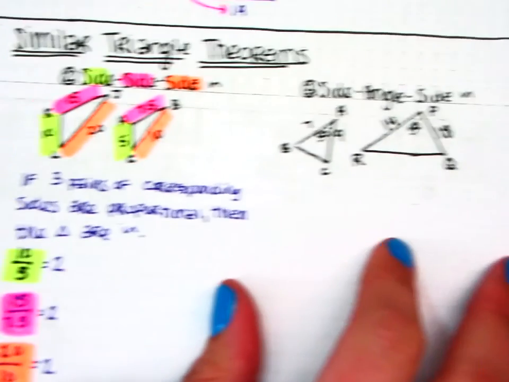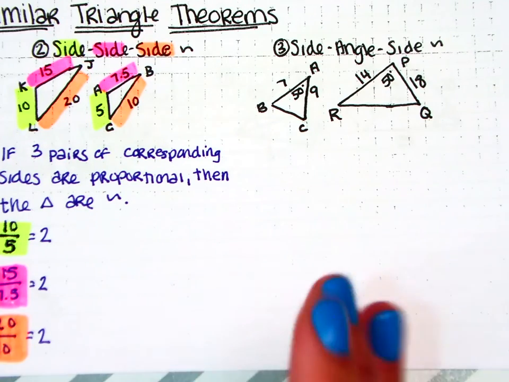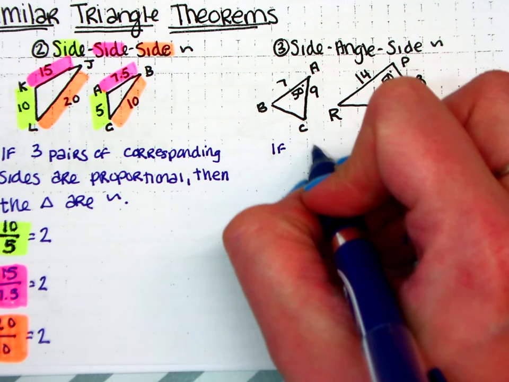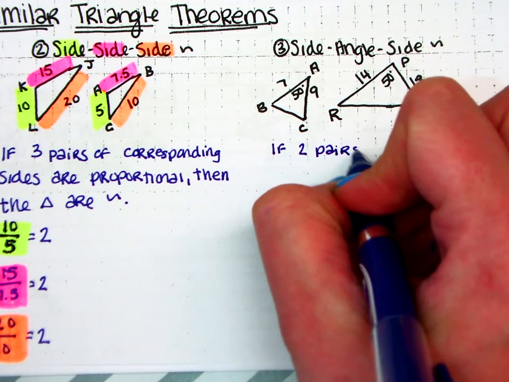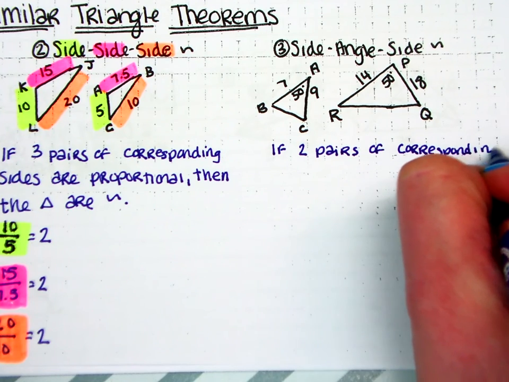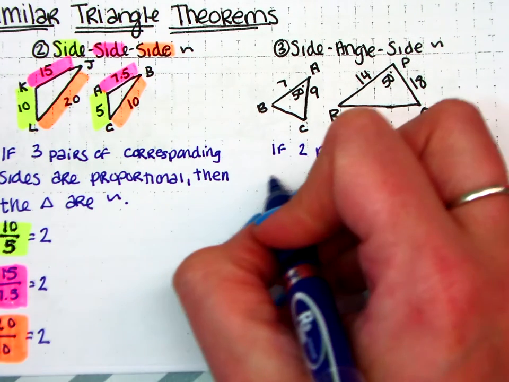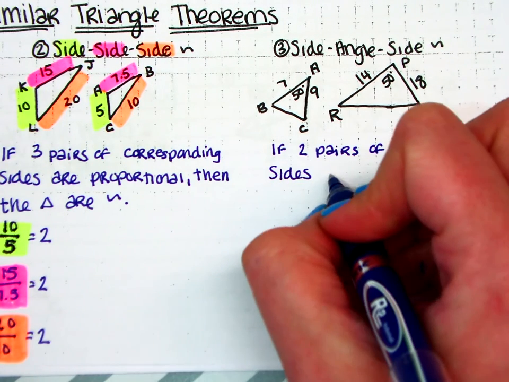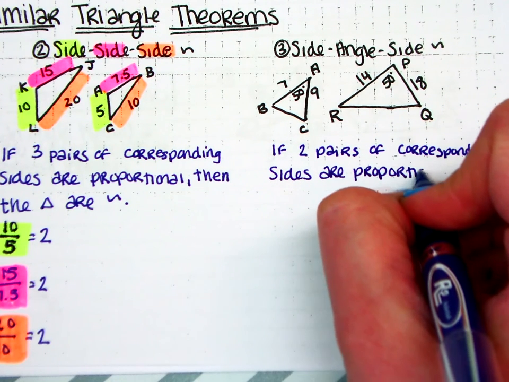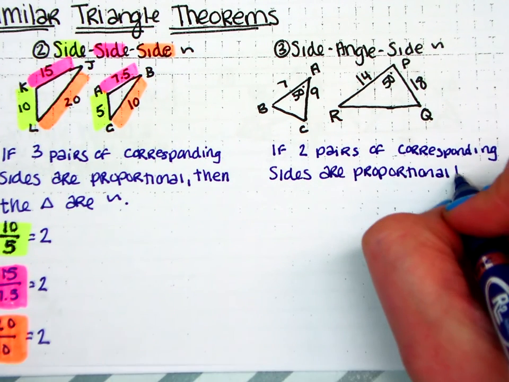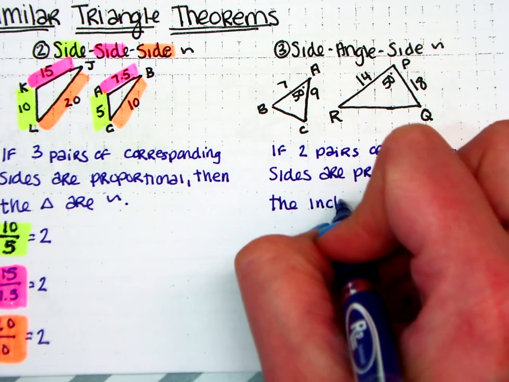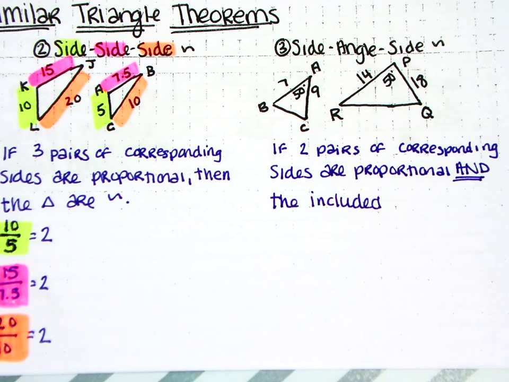The very last one is a mixture of side, side, side, and angle, angle. So we're going to do words first. If 2 pairs of corresponding sides are proportional, and the included angle, and the term included means between.